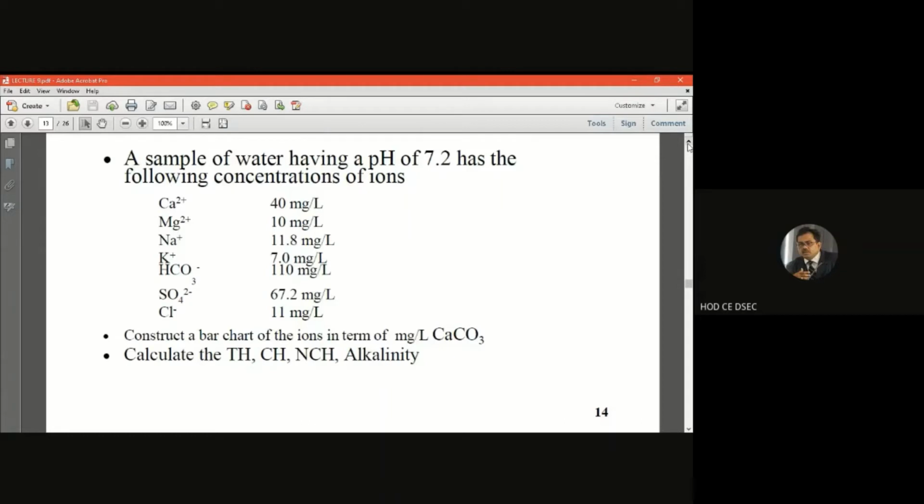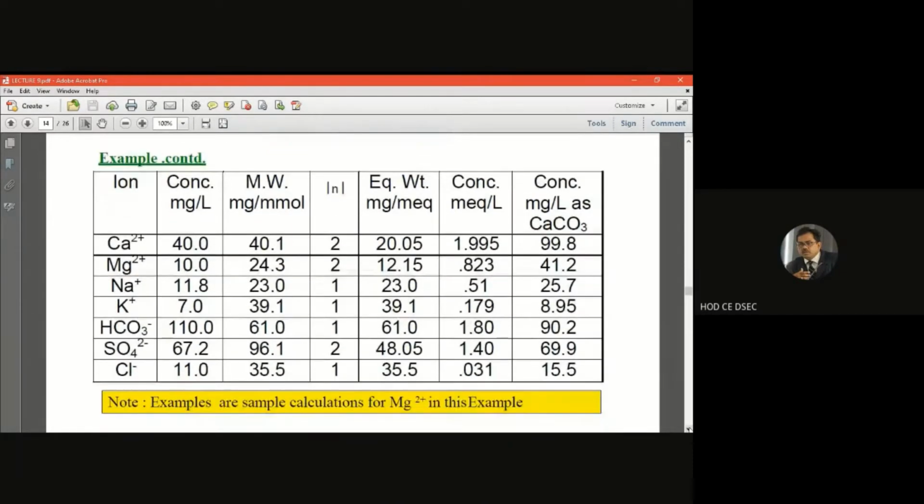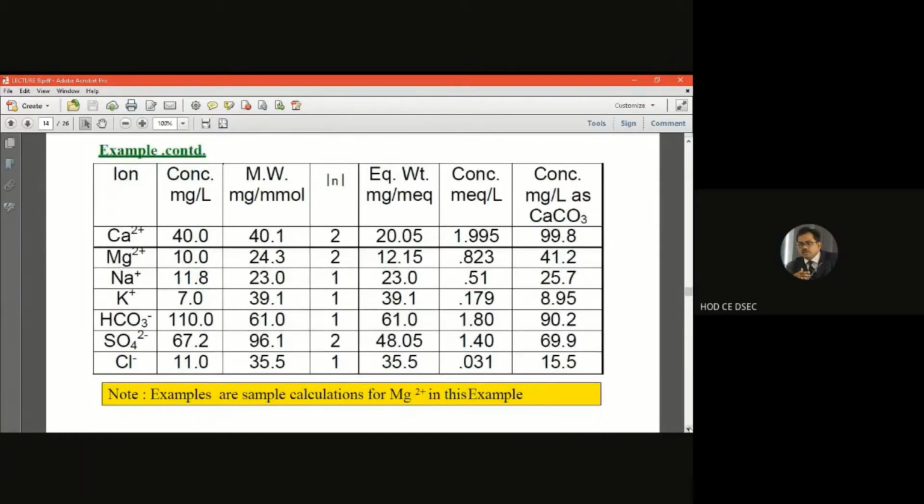Let me solve the problem. Let me show you the solution, how you have to take care of this problem. First of all, you have to prepare all the data in a tabular manner. You prepare a table with 7 columns and as many rows as there are ions, that is 7 rows, since 7 ions are given in the question.